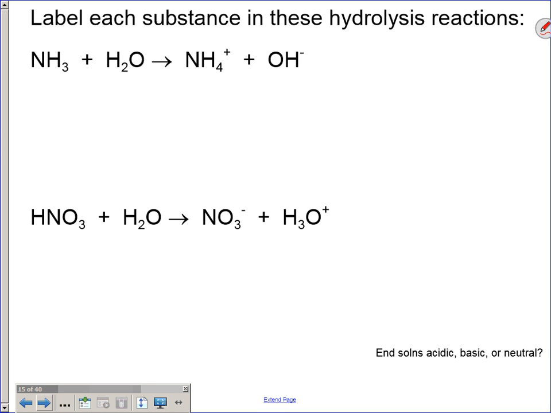Okay, so this is hydrolysis because it's a salt that's being attacked by water. It's breaking apart back into its original acid and base, because an acid and base come together to make a salt. Well, ammonia and water make ammonium hydroxide truly, but is ammonium hydroxide a strong base or a weak base? It's truly weak, right?